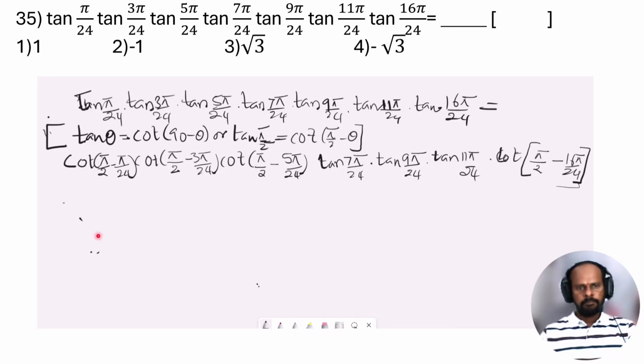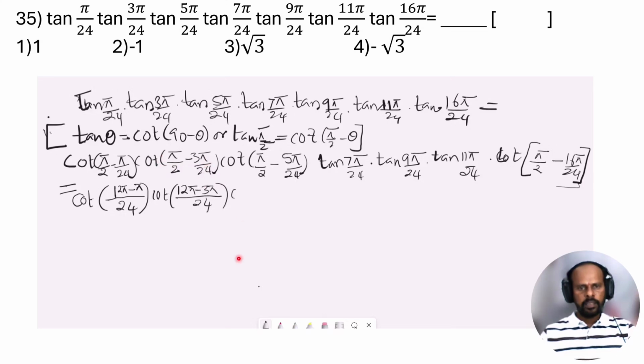So here in the first two terms, cot... 24 is the LCM, and to get 24 here 12 should be multiplied, 12 pi minus 1 pi. And the second one is also the same, LCM is 24, and to get 24 here 12 should be multiplied, 12 pi minus 3 pi.